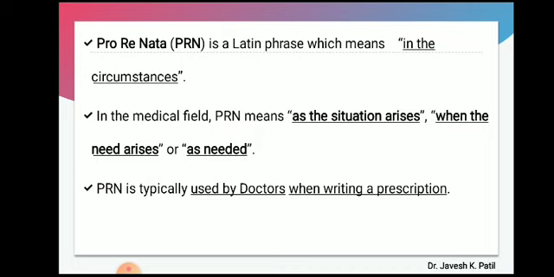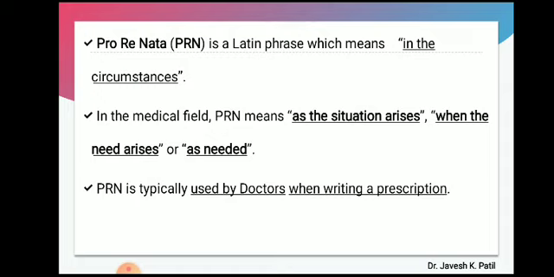Now another thing, when you want to interpret the so-called prescription or medication order. In your syllabus the interpretation is mentioned. We can also say translation or understanding of prescriptions or medication orders. Many terminologies are used in it.